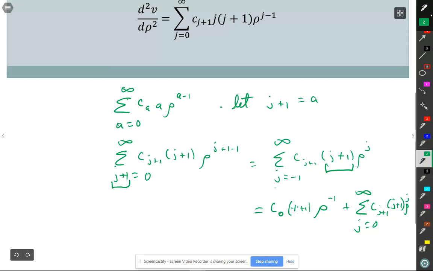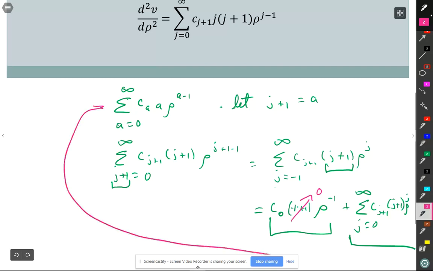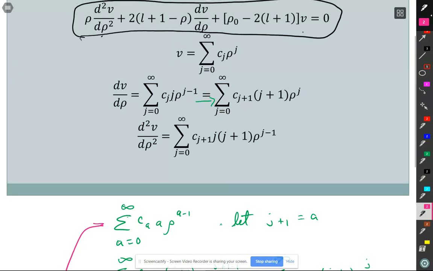So here I've put it explicitly. Here's the first term, and here's the rest. But this first term, minus 1 plus 1, is 0. And so this summation here is equal to this. And that's the actual substitution.